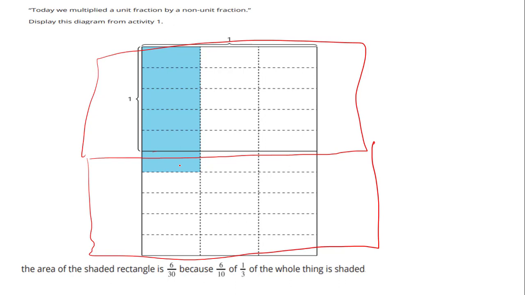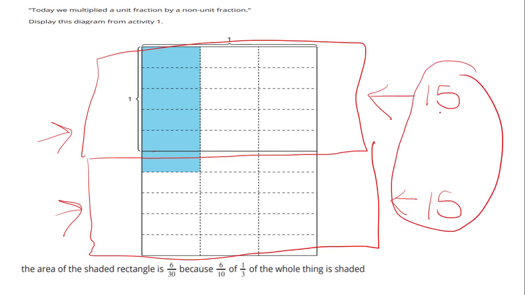So he's seeing it as one rectangle instead of 2 rectangles. So instead of looking at this one as having 15 and this one as having 15, he's looking at them all together as 30 total pieces in a cake and giving us 6 that are shaded.